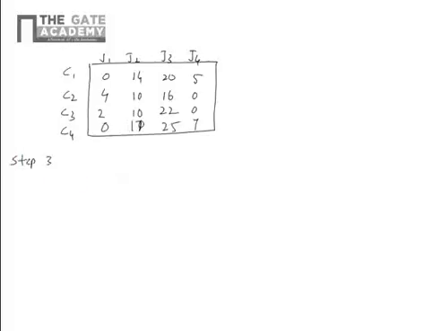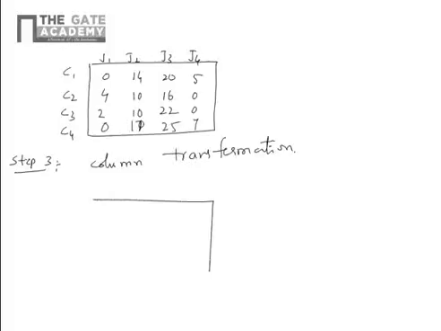Step 3: column transformation. In column transformation, subtract the smallest value in the column from all the values.